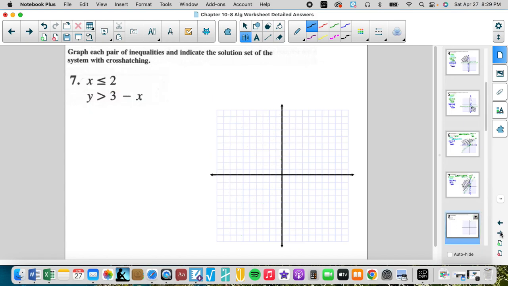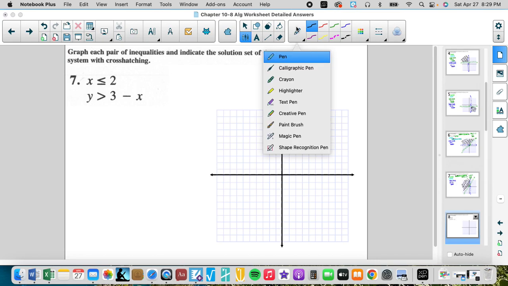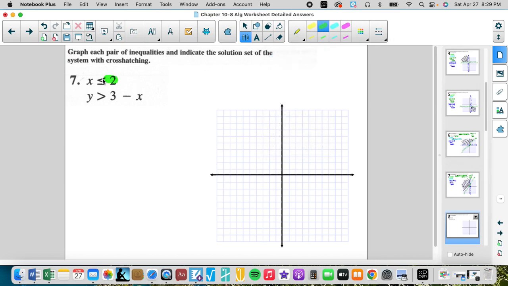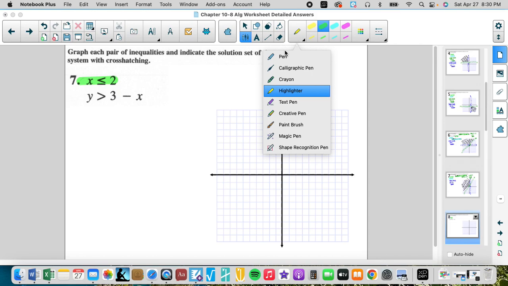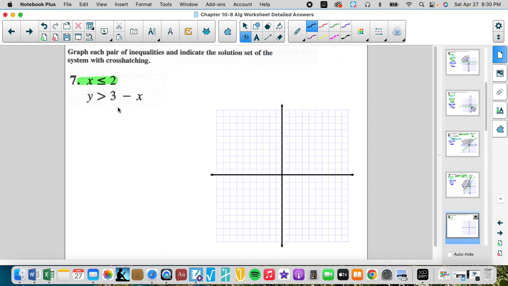Can we get just a normal line, please? Normal equations. Okay. We're going to have to do some work on that first. Let's rewrite it as y is greater than or equal to negative x plus 3. Let's shade that in blue.